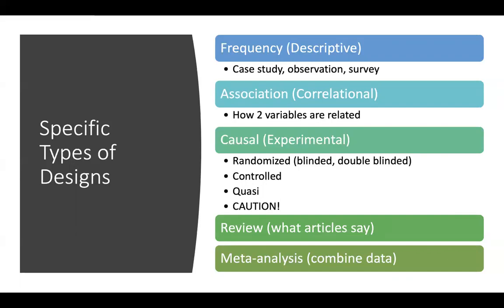If you're looking at the relationship between one variable and another, so let's look at the relationship of people who love trees and people who eat hot dogs. That's a relationship. Are these two variables related? Then that's a correlational kind of study, an association study.